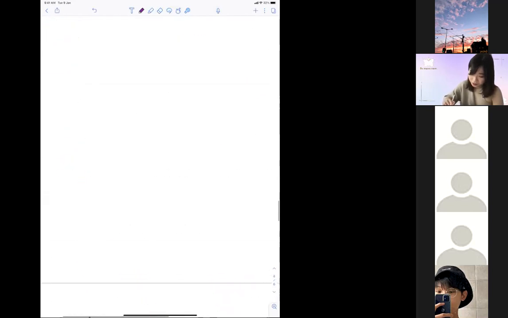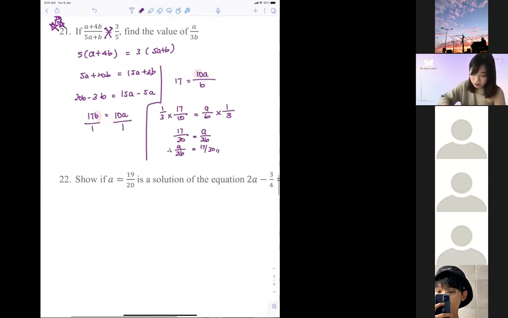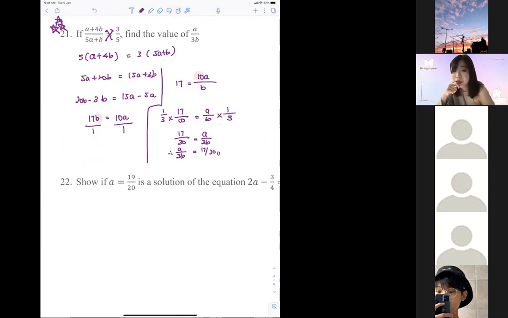All right, okay. While the rest is copying, Money and Candace, you finish copying, let me know. Can the rest help me solve this? If 2a equals to 3b, find a over 60.